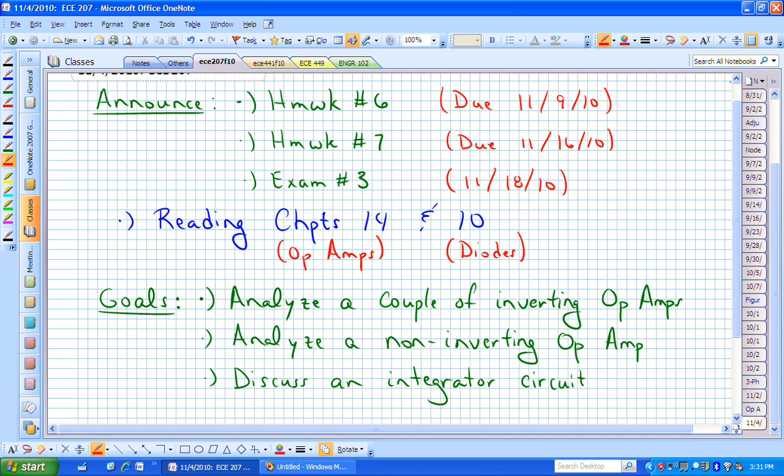But we're treating it as this box that does something for us. And what we want to learn is how to analyze this from an input-output perspective and not worry about what all the transistors are doing that actually create this operational amplifier. We want to use it as an operating box.